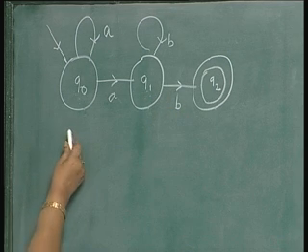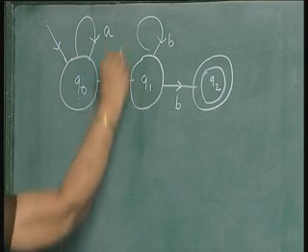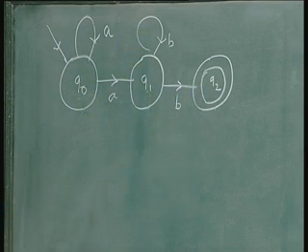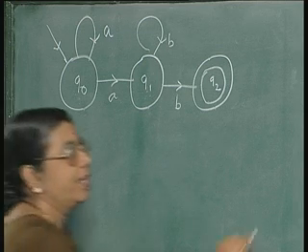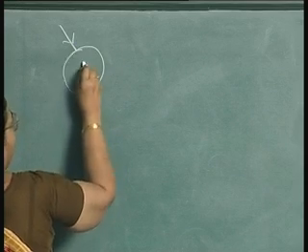Now, from the diagram you can see that a string of the form a number of A's followed by a number of B's will be accepted by this machine. We also had a deterministic automaton for that. If you remember, this is the deterministic automaton we had for this.